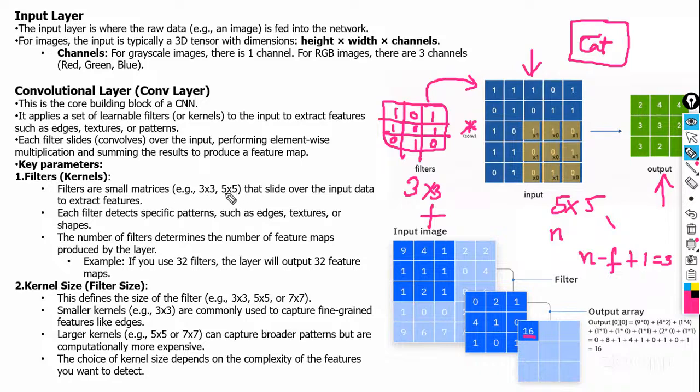It might be a 3 by 3 shaped kernel, or a 5 by 5 shaped kernel, or 7 by 7, and so on. These help us to extract the information from the input image. They also help us to detect specific patterns like edges, textures, or shapes.